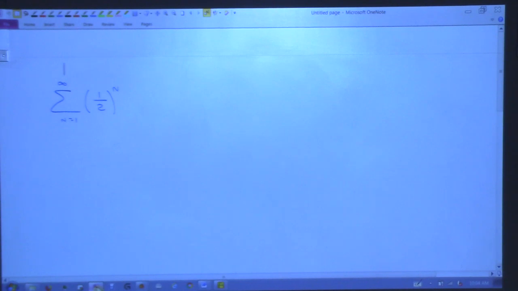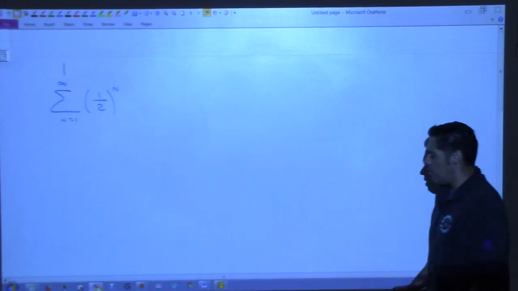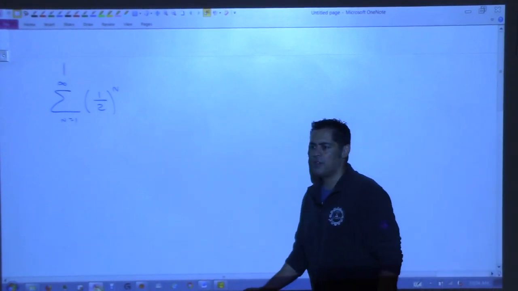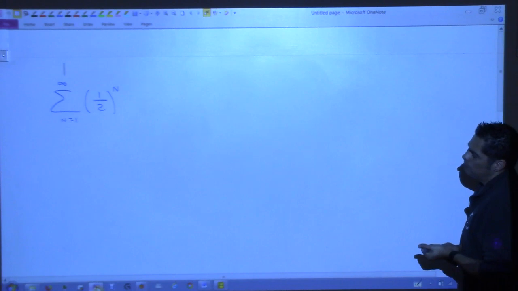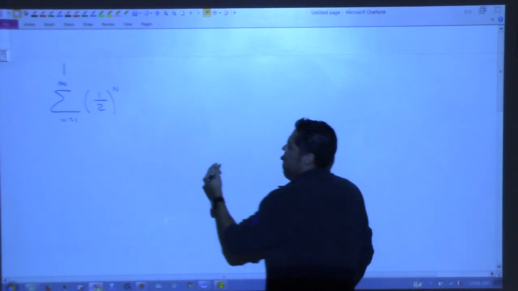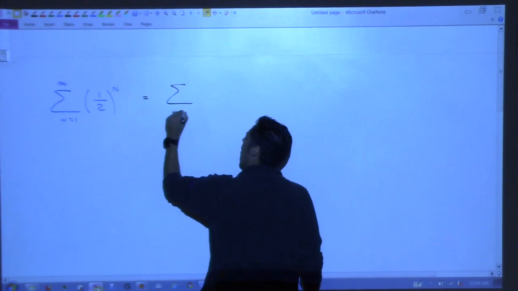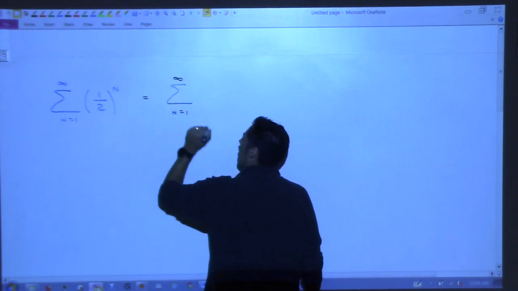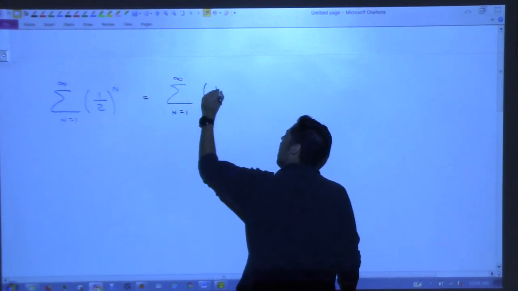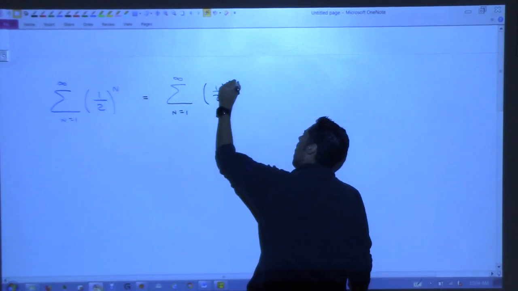Does that look geometric to you? No? Well, why not? It doesn't have n minus 1, right? If it had n minus 1, it would be really nice, right? Because then I think we'd be in business, right?